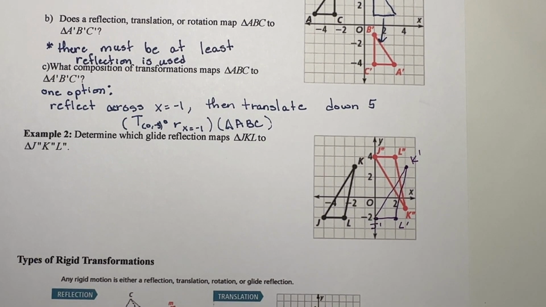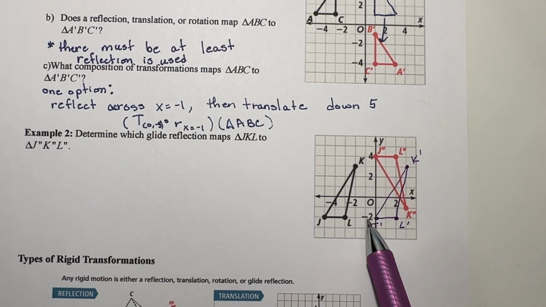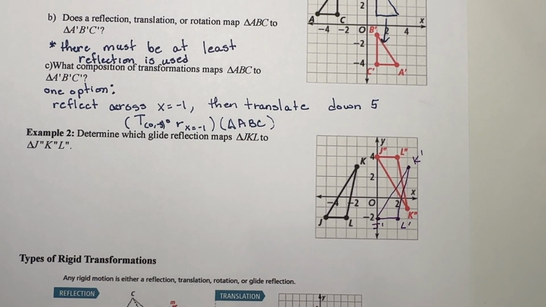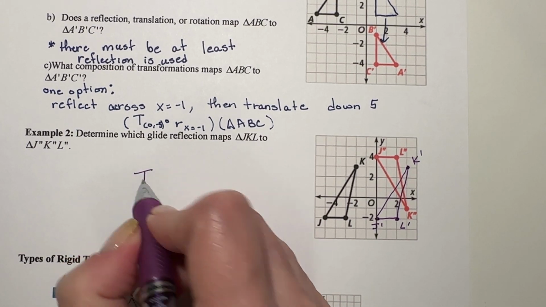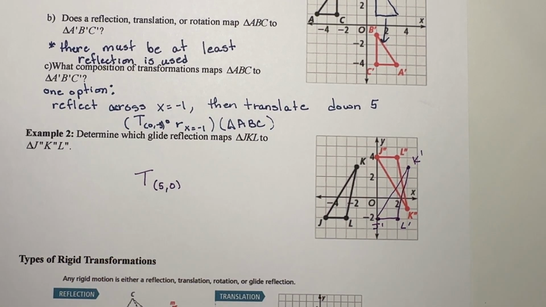And as you can see, that translation is going to be 1, 2, 3, 4, 5 spaces to the right. So that would be capital T, 5 spaces to the right.